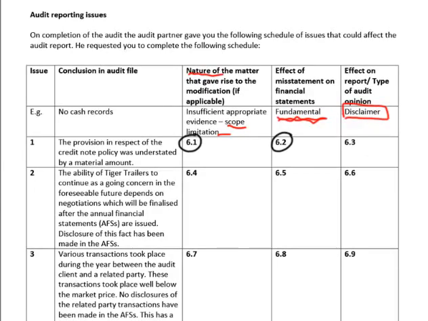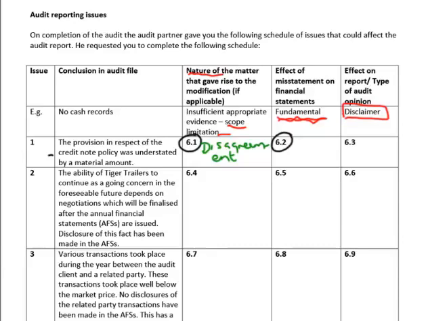So number one, it says the provision in respect of the credit note policy was understated by a material amount. The fact that it's understated means we've got a disagreement with management. There's no limitation, they haven't limited us on information, so obviously we're going to go with disagreement. The effect, would it be fundamental or just material?